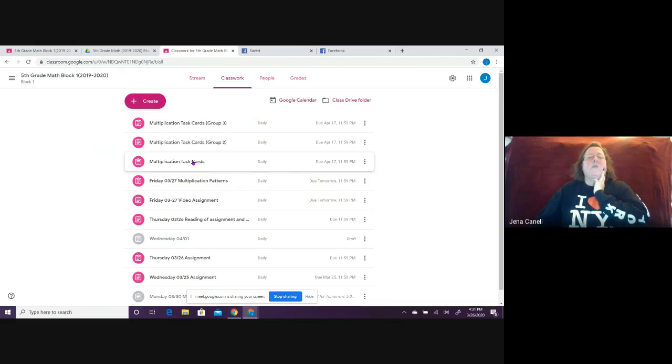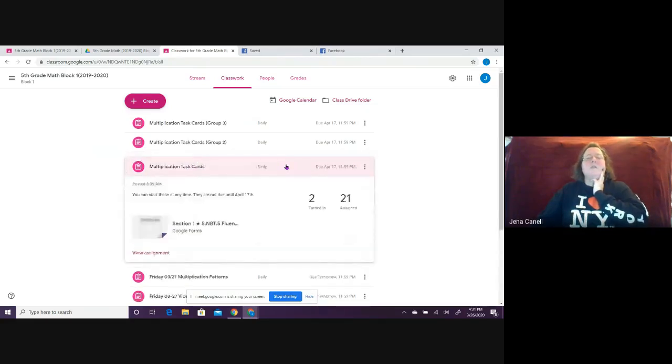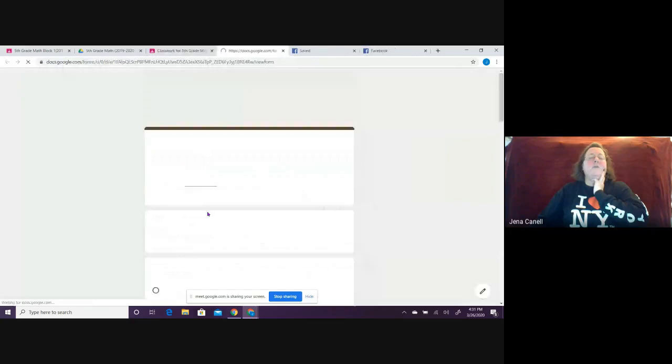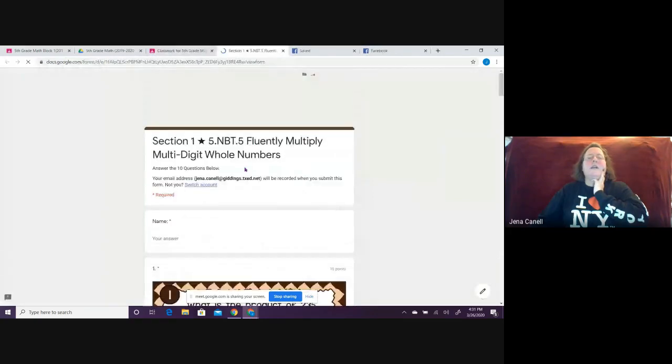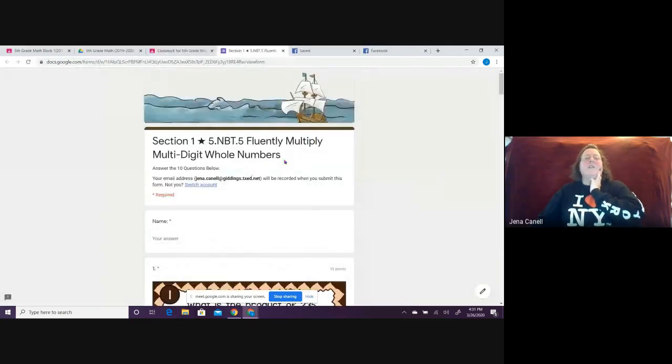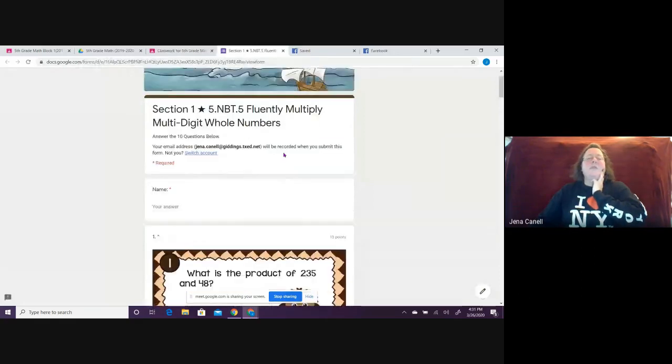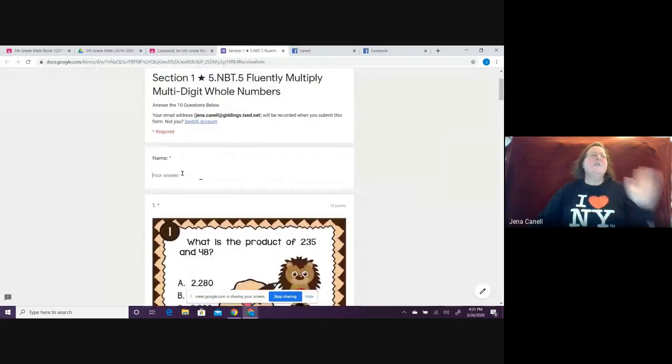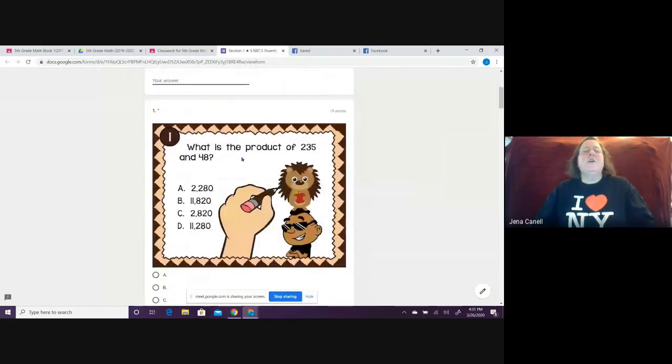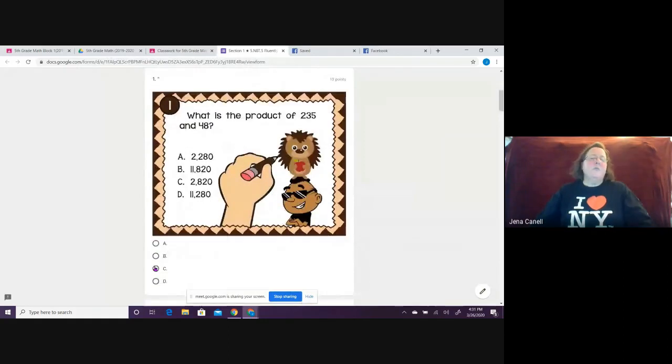So if you click on multiplication task cards, I'm going to click on the form. Yours is going to look a little bit different than mine and how it comes up. But you're going to notice that it is going to ask for your name. You need to type in your name. And just like we do the task cards in class, you will have the task cards, and below you will put in your answer. This will not give you feedback on what might be wrong if you did an incorrect answer, but it will tell you if you answered correctly or not.